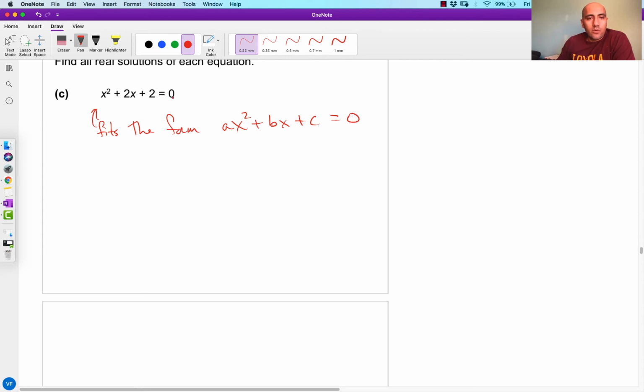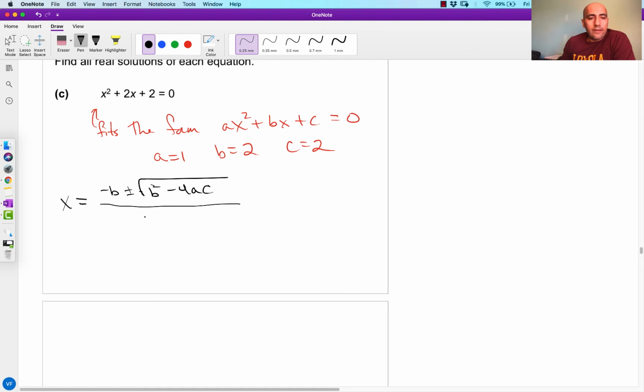Note that it equals 0 every time, where the a equals 1, the b equals 2, and the c equals 2 as well. Okay, so we just plug them into our formula. x equals our quadratic formula, negative b plus or minus the square root of b squared minus 4ac all over 2a.